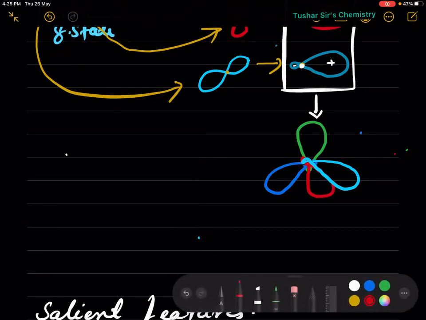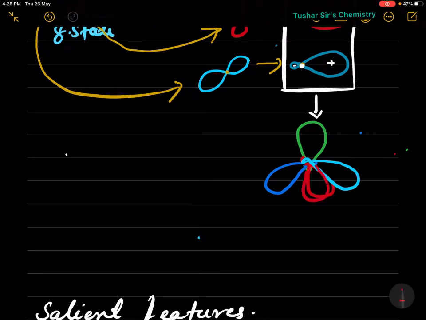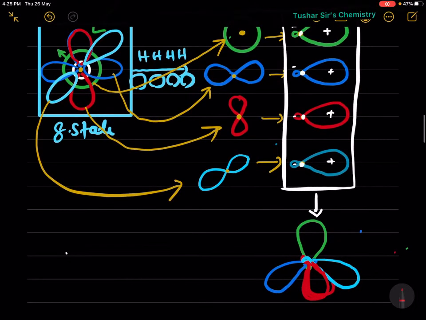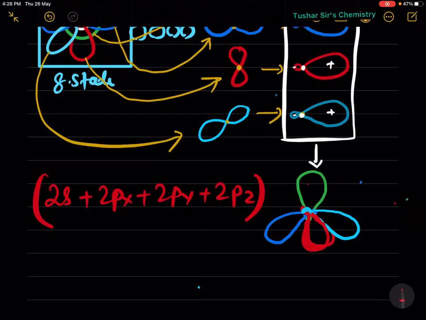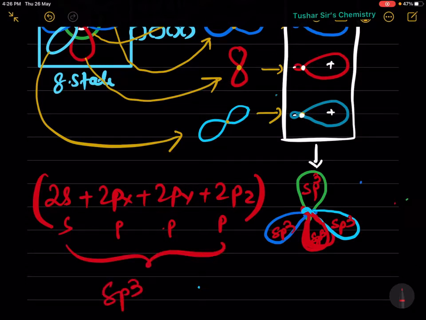As 2s, 2px, 2py and 2pz take part in hybridization, each hybrid orbital is known as sp3. sp3, sp3, sp3, sp3.